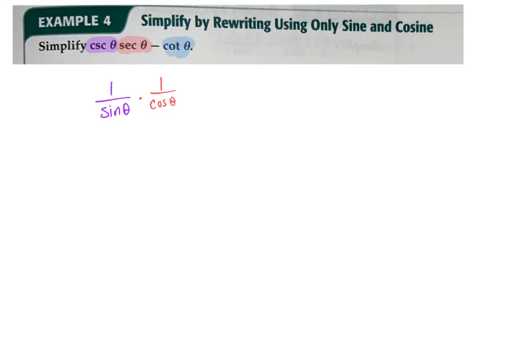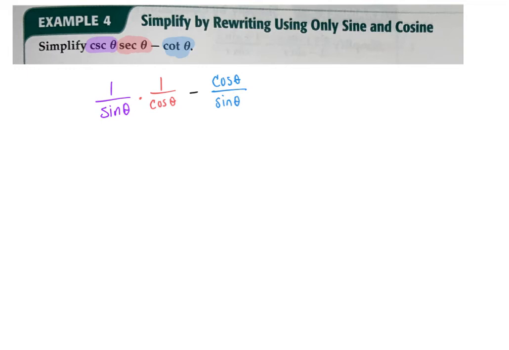And then cotangent. How would I write that one in terms of sine and cosine? Cosine over sine. Okay.